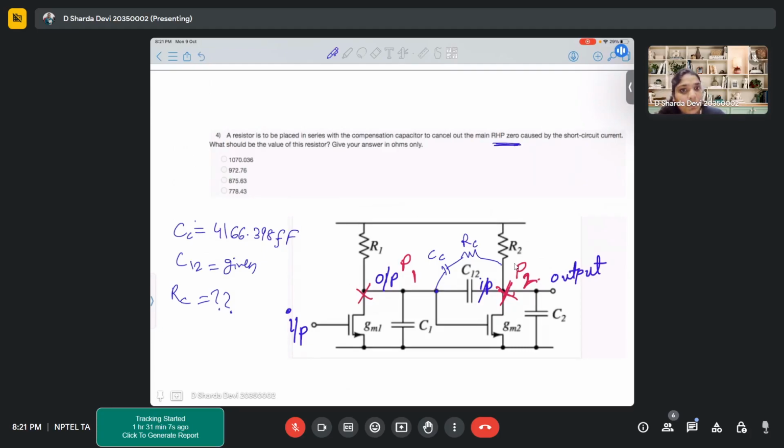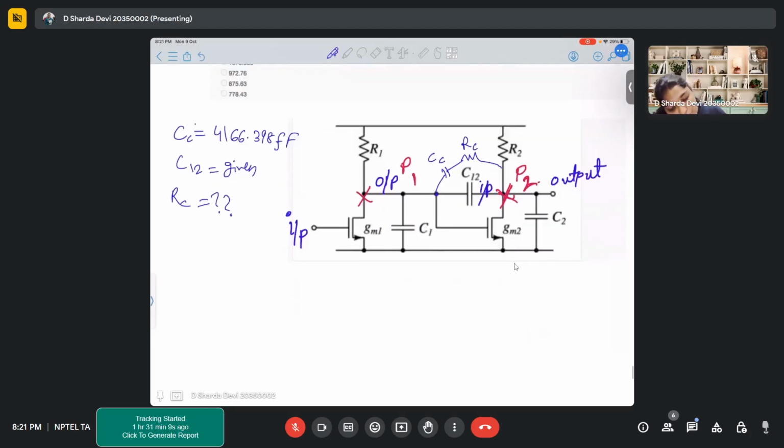So here we are not talking about the pole, rather the zero. The right half plane zero, or RHP zero, is given by GM2 by CC upon 1 minus GM2 into RC. This is the formula for the zero value that you will get with the compensation capacitor as well as resistor.